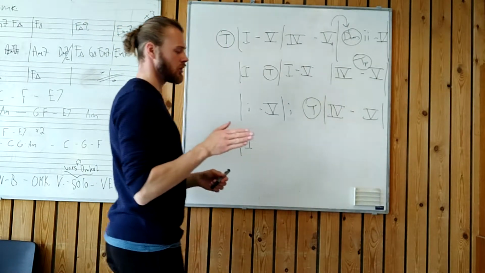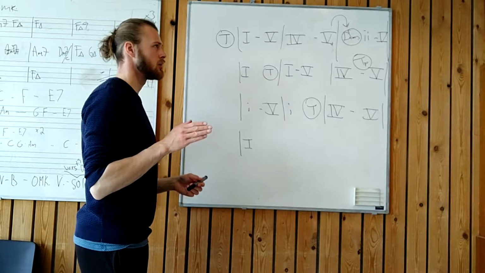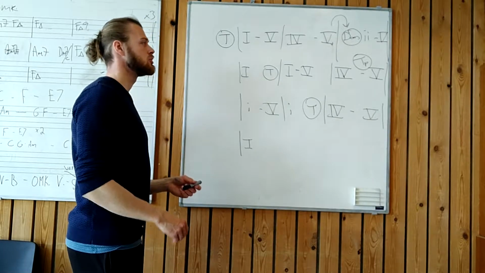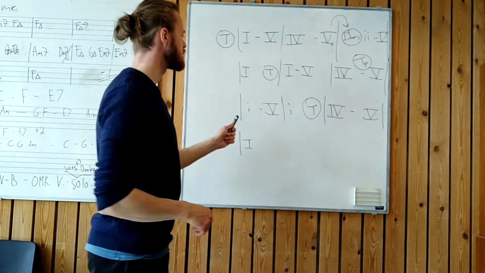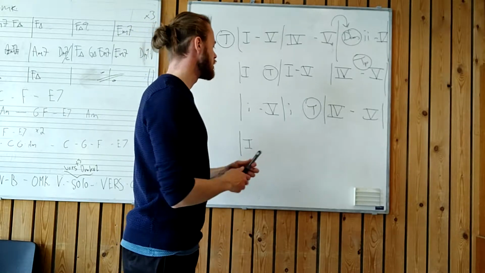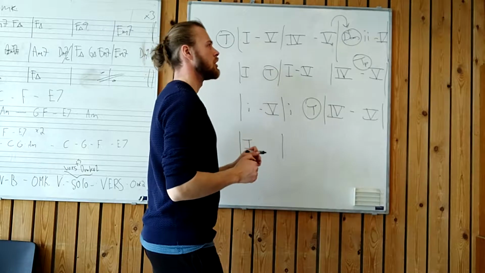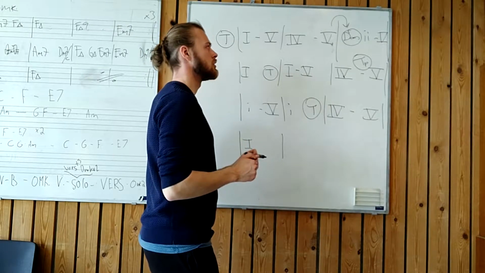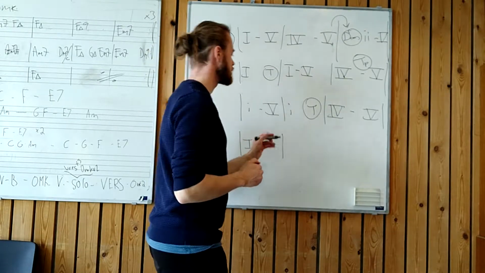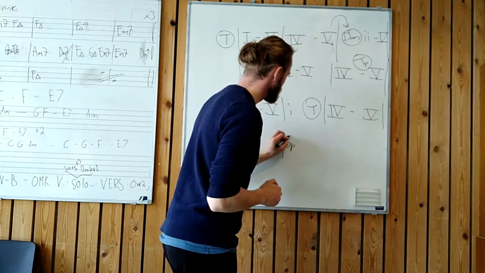Now from here we have a 2, 5, 1. How does the bar? This is 1, 1. Then there's a bar, and then we go to the subdominant parallel key.